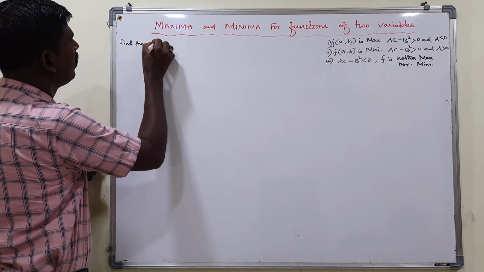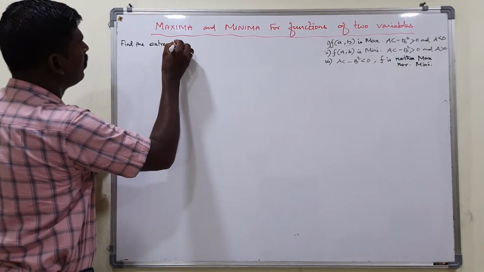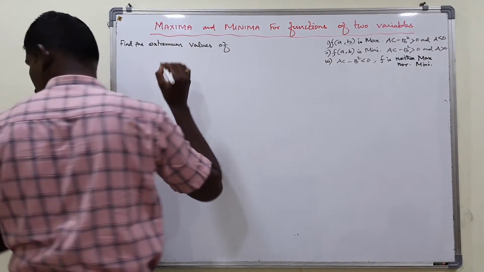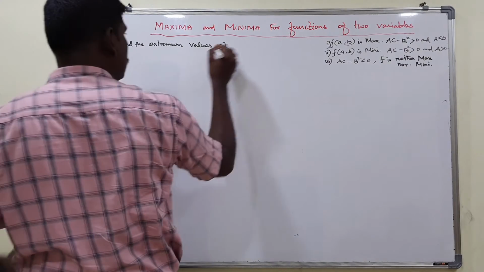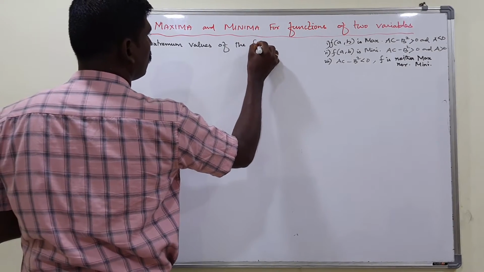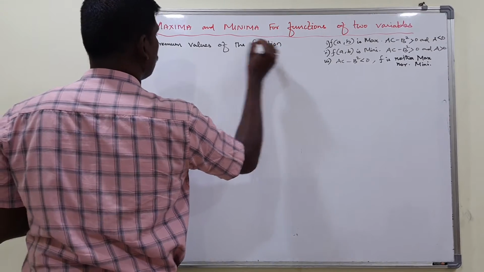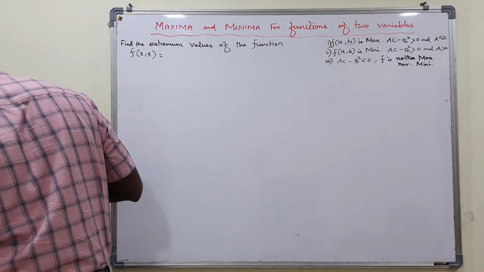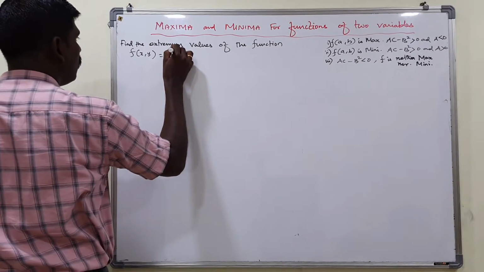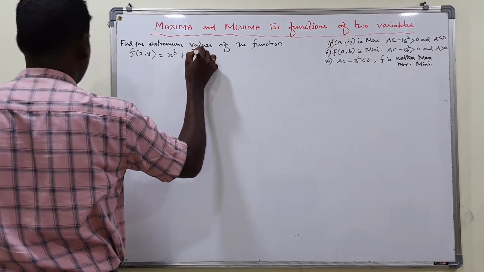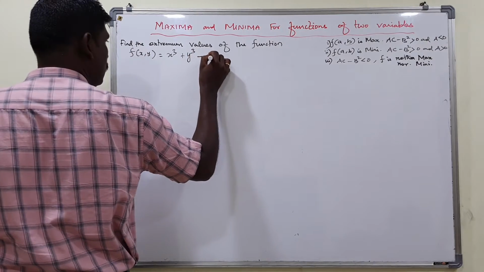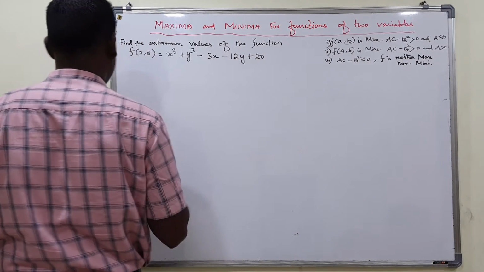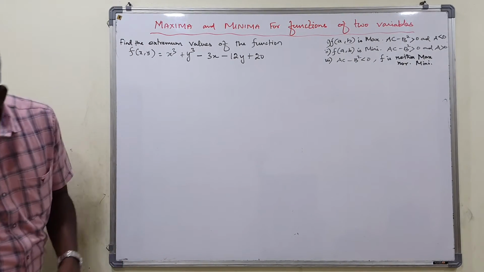Find the extremum values of the function f of x comma y equal to x cube plus y cube minus 3x minus 12y plus 20. Solution.